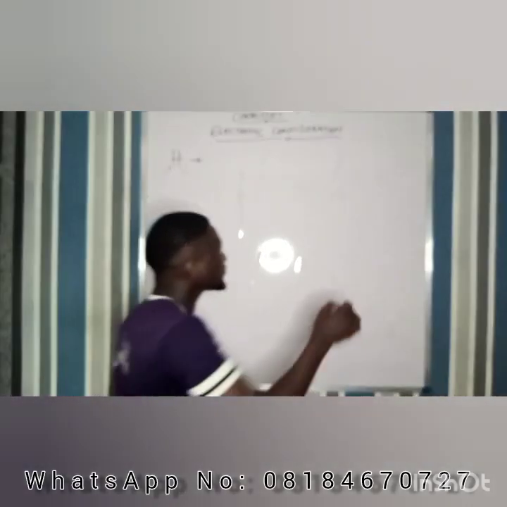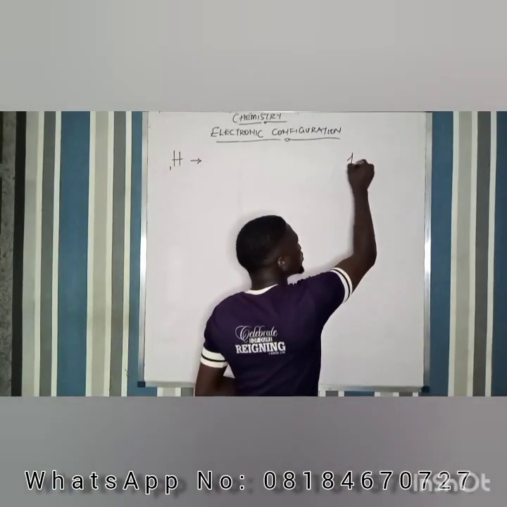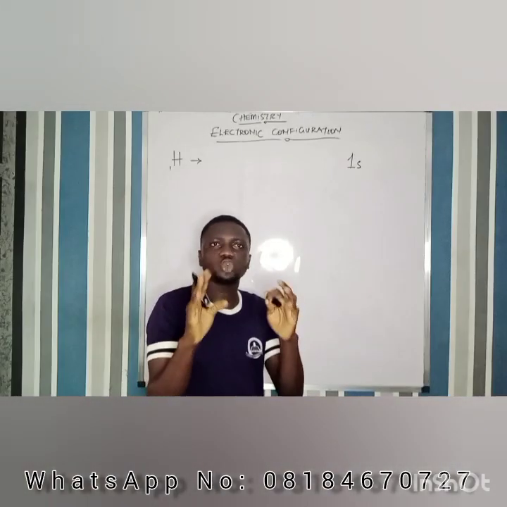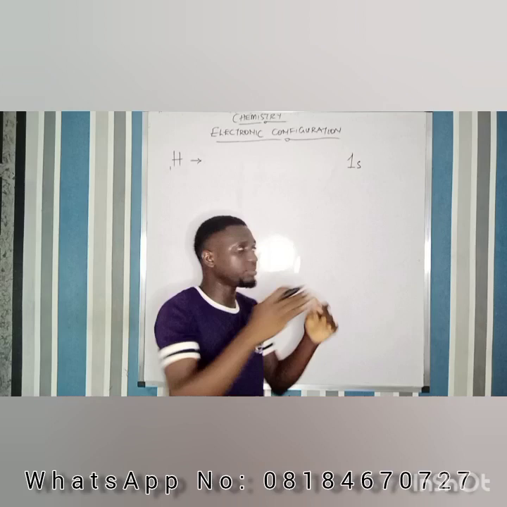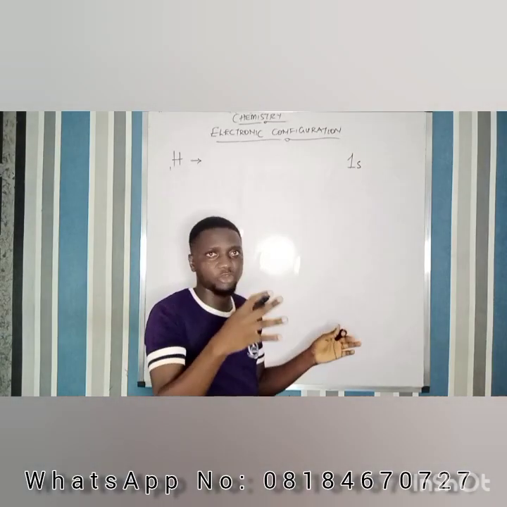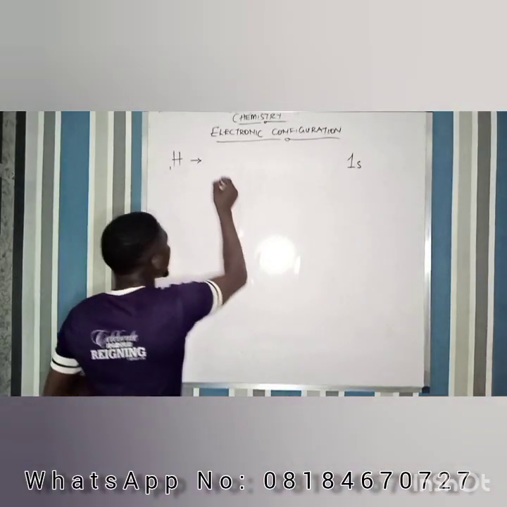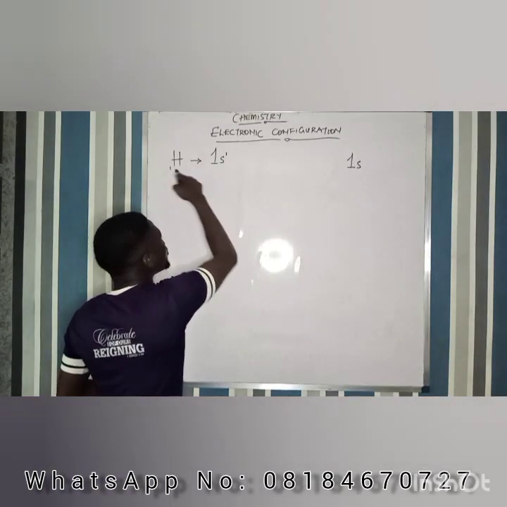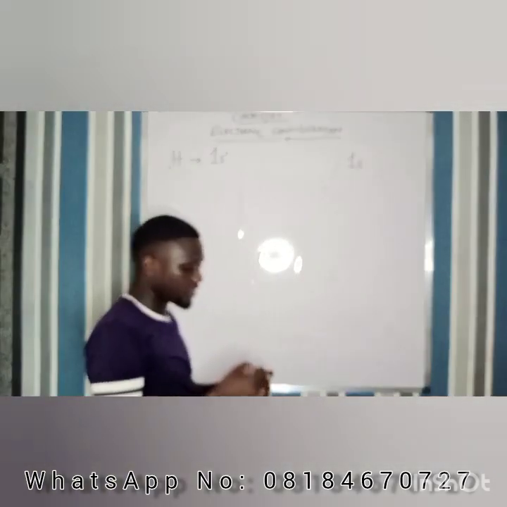Don't forget, the first energy level is 1s. And s cannot take more than 2 electrons when we are discussing the energy levels in that tabular form before. So our s, the first one, is 1s1, because we have just 1 electron.